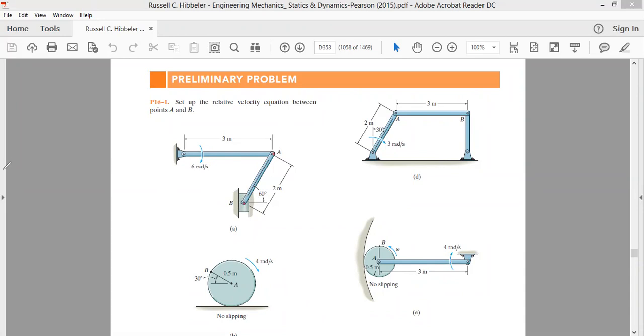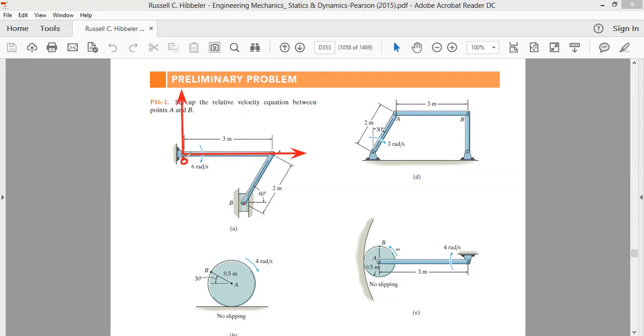velocity of point A. So let's suppose this is our origin, and we start drawing our vectors. Let's say this is our x-axis, and let's treat this to be our y-axis. After choosing our x and y axes, this point is our origin, point O. Point O belongs to this bracket, and the bracket is fixed.